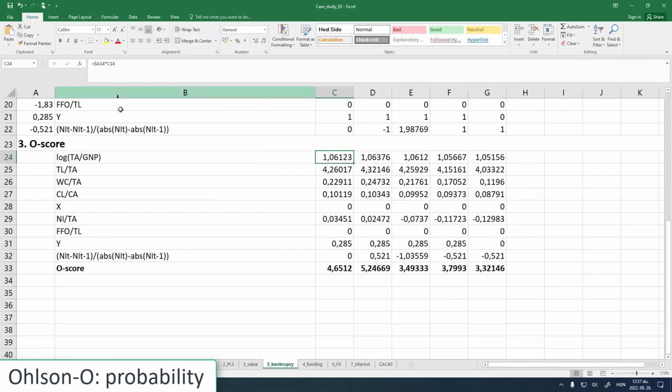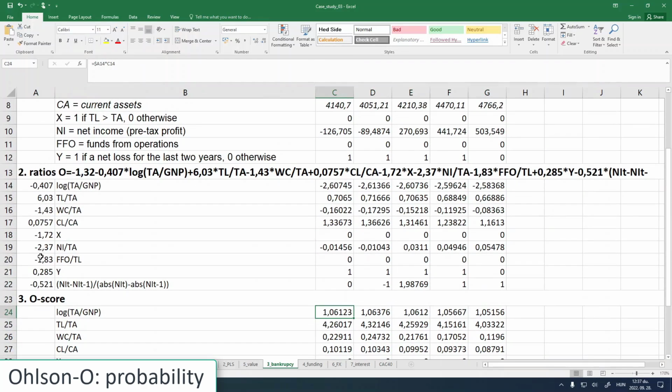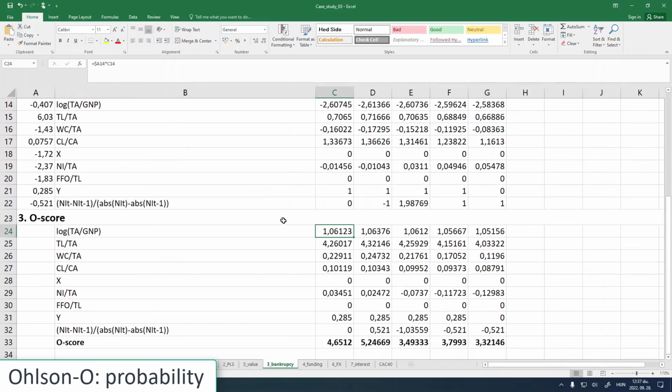So again, the trick was only that we define the coefficients here, then we just multiply this with here, using the careful dollar mark in front of the A, then we were able to scroll it sideways and pull it down, and then all the multiplications are done.